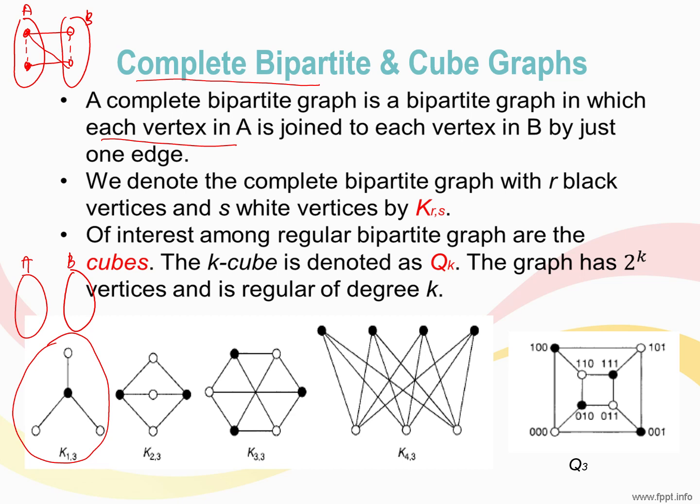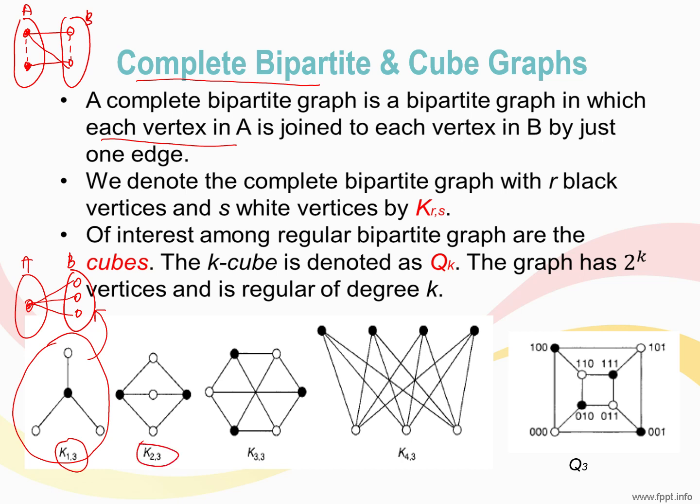The first set is labeled A, the second set is labeled B. The black vertices are in set A, while the white vertices are in set B. The black vertex here is connected to all three white vertices in set B. K1,3 is the notation used to denote the complete bipartite graph with 4 vertices, one in set A and three in set B. This is one way you can draw the complete bipartite graph using set A and set B.